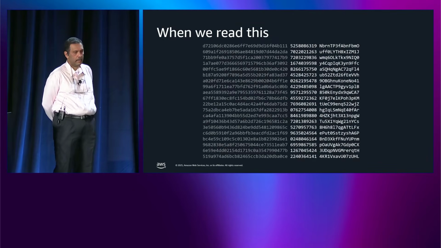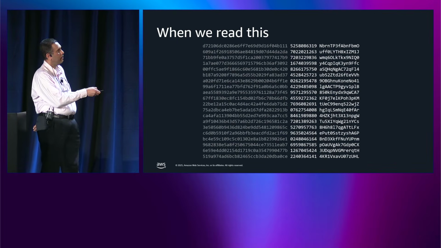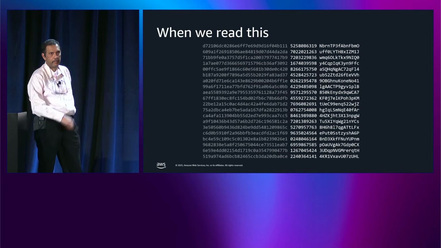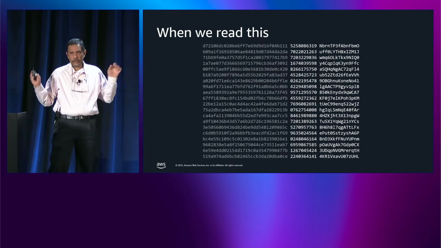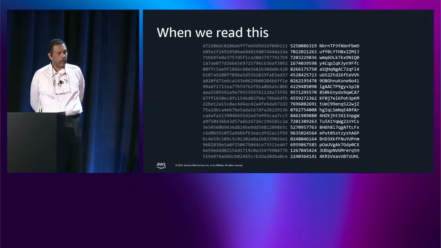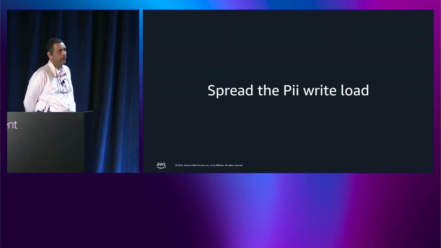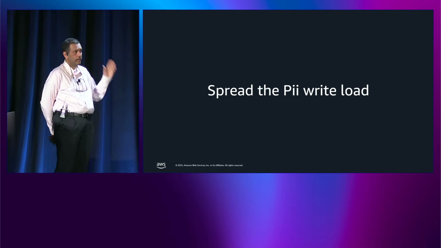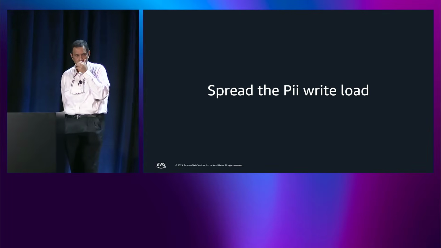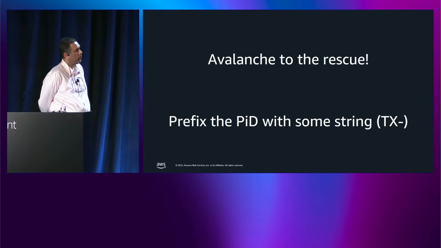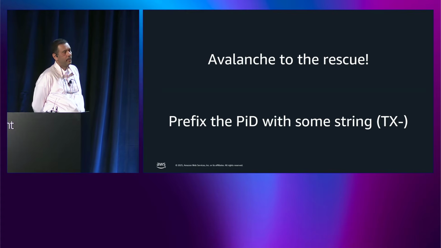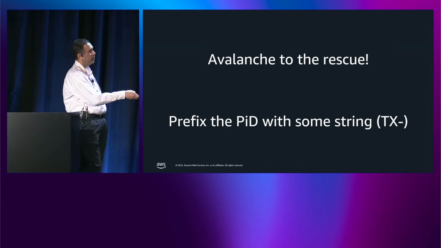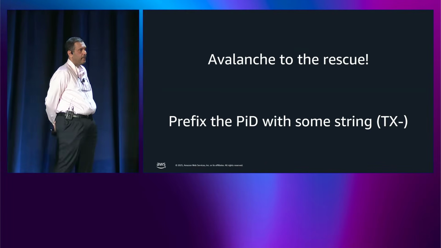to do is that you're going to continue to read down this table. This is your random number generator. We're not going to change that. But we want to distribute the write traffic on the PII table. We don't want it to go hammer one partition, then hammer the next partition, and so on. So what we came up with was we just said, when you're writing to the other table, how about you prefix the ID with some 2 characters?